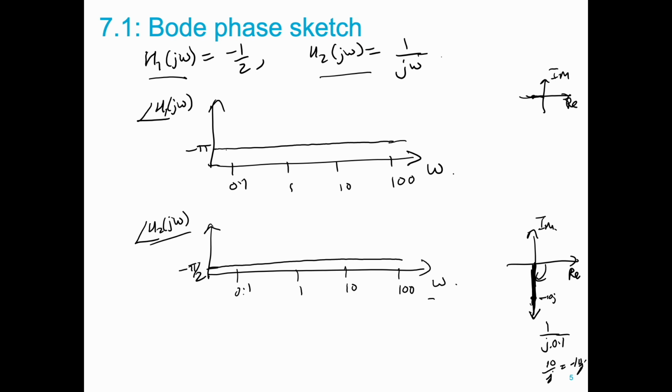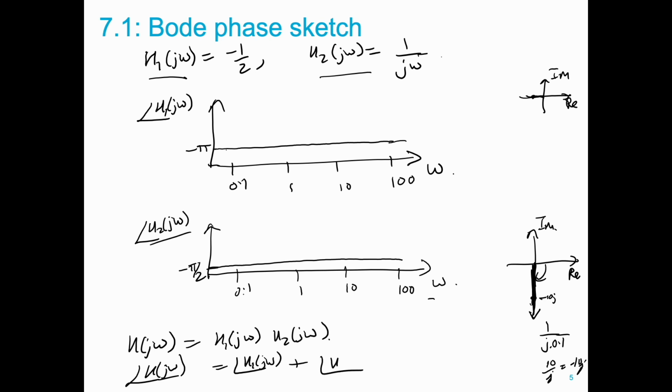Now, as you know, H(j omega), the frequency response, is the product of H1 and H2, which means the phase of H(j omega) is the phase of H1(j omega) plus the phase of H2(j omega). So all I need to do now is add up these two sketches and figure out what the equivalent graph is. Let me sketch the phase of H(j omega) directly.